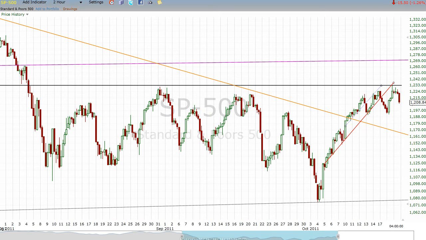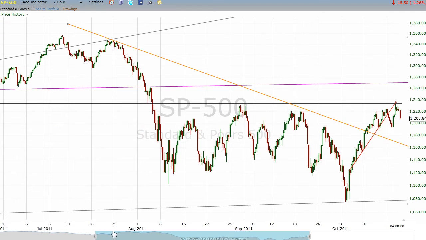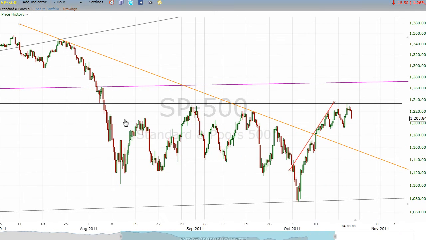So you can see this pattern that's developed here over the past 1, 2, 3, 4, 5, 6, 7, 8, 9, 10 plus weeks. And I think we need to keep our eyes on this pattern. I personally am hoping that we get a good solid back test of this orange line right here in the next 2 or 3 weeks.